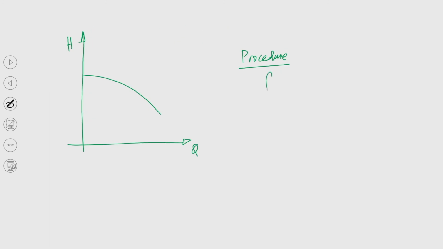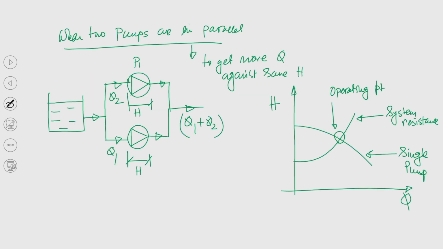So, for a given head H, flow rates are added, right. So, basically these two pumps are experiencing the same head, but they are supplying different flow rates. If these two pumps are of the same design, that will be Q1 plus Q2, Q1 plus Q1 is equal to 2 Q1, right.